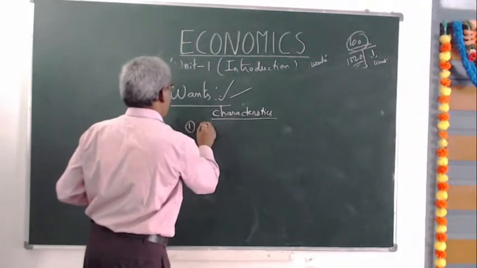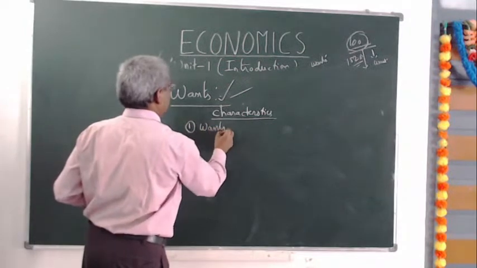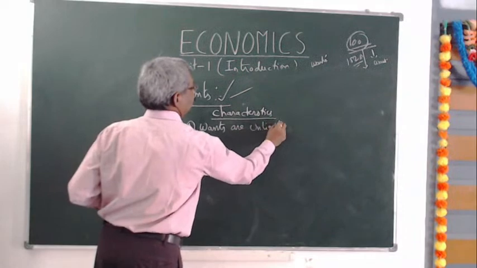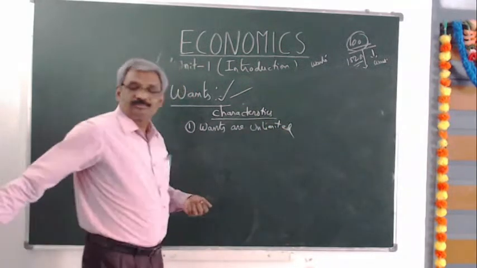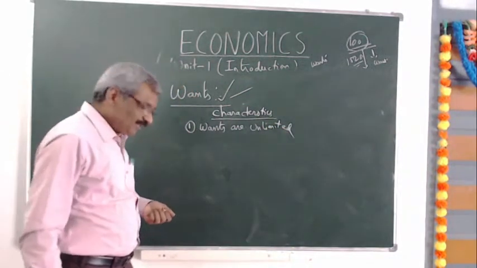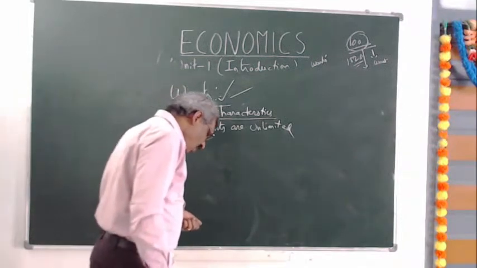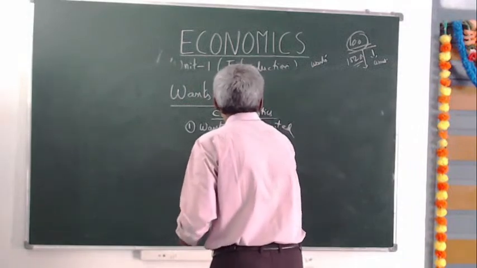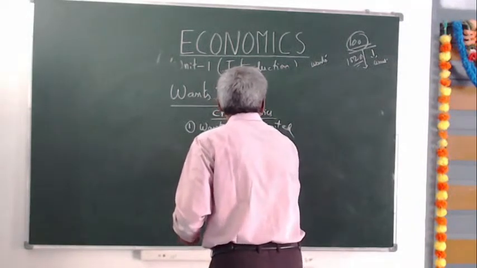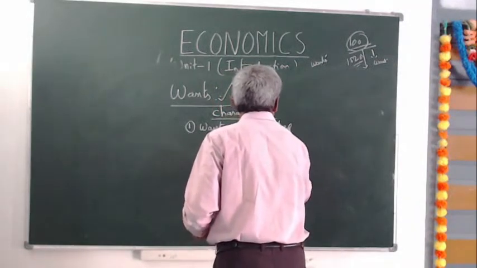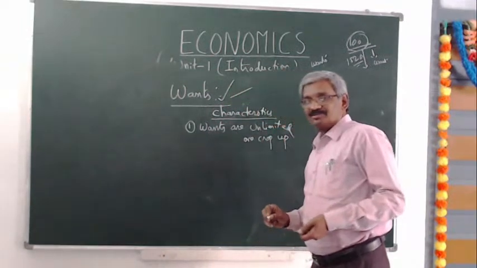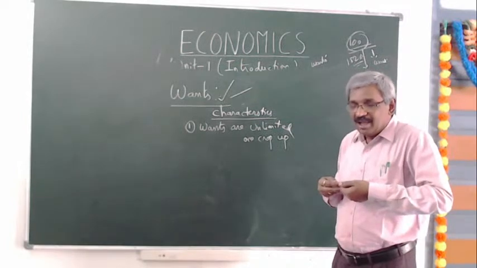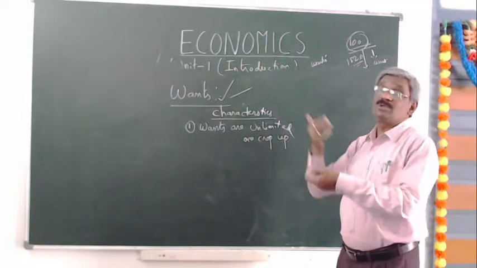Number 1, wants are unlimited. One want is satisfied and another one crops up. Suppose one want is satisfied and another want comes up.